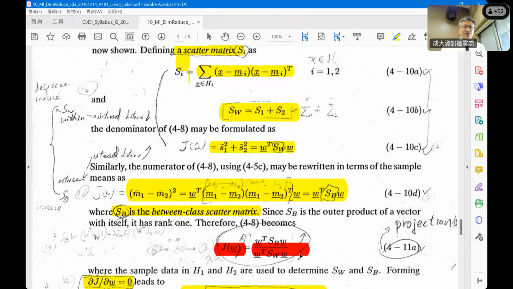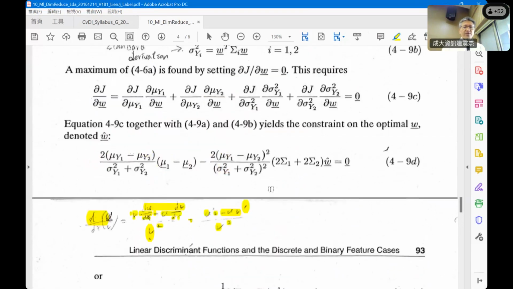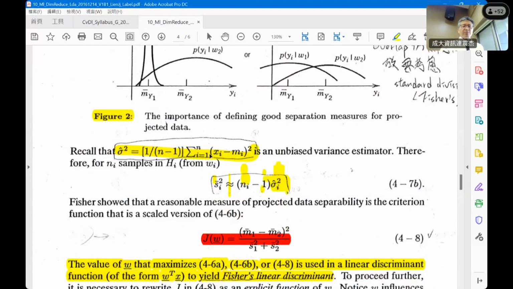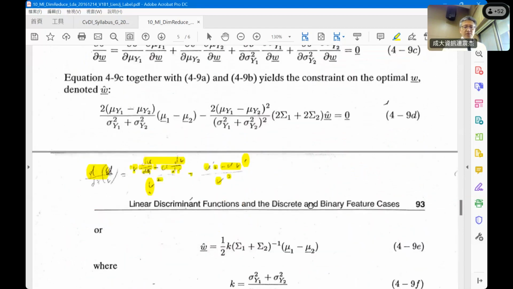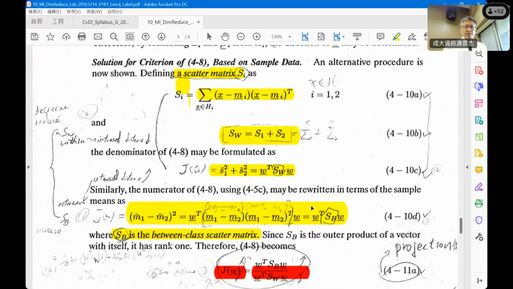So standard deviation, this one, actually, 这你要看上一页这里，这里啊，standard deviation 在这里啊，2D, right? Each sample subject with the average value and square and do the average. So this is standard deviation. Okay. This one will become this between, and the denominator is here.